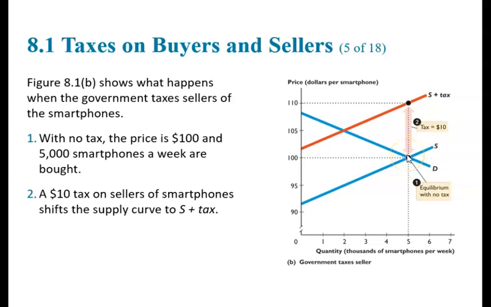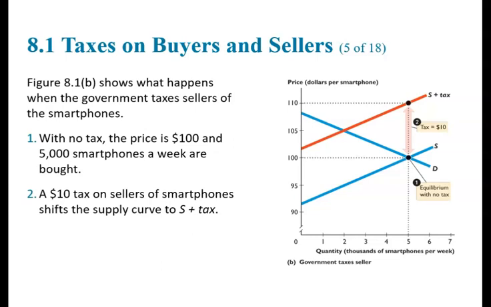Now if a $10 tax on sellers is imposed, what will happen to the supply curve? Well, first of all, let's think of what will happen to the demand curve. If the tax is imposed on the suppliers, it simply means that there will be no change in demand. But obviously if the tax is imposed on the sellers, the supply curve should shift.